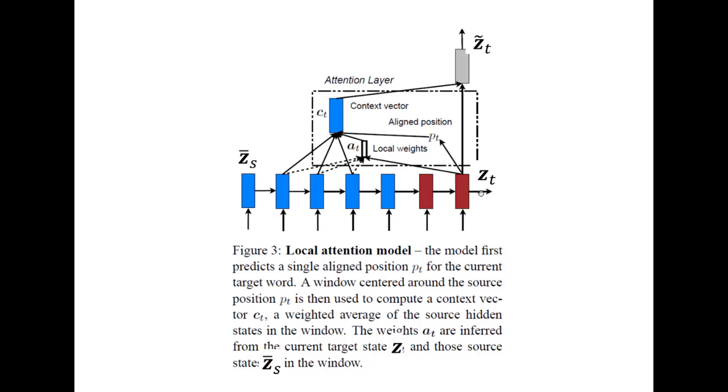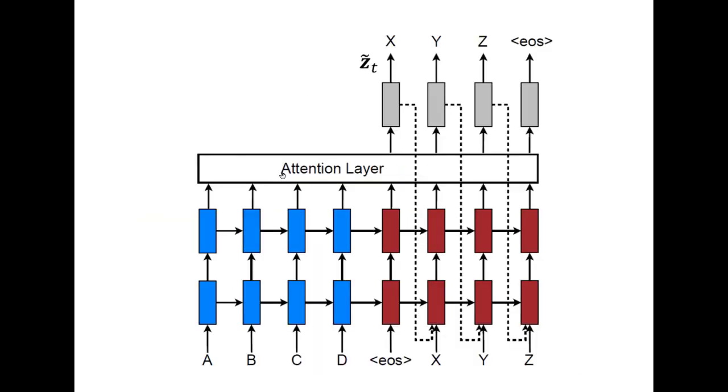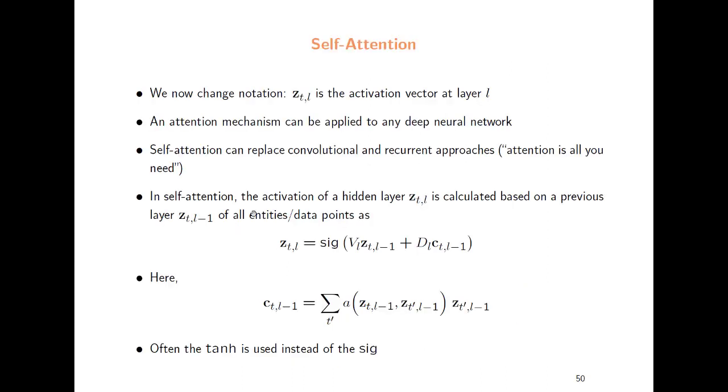But this can be at the end of the decoder, and this could be at the beginning of the encoder, so you still have this flexibility. This is the architecture as I've shown before in a more abstracted way. This attention is applied at any of these decoding steps, and it contributes information of the latent representations somewhere in the input sequence.